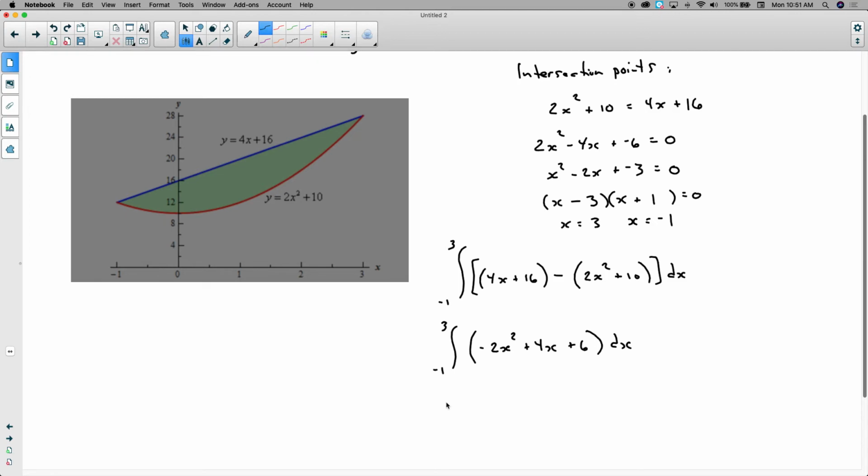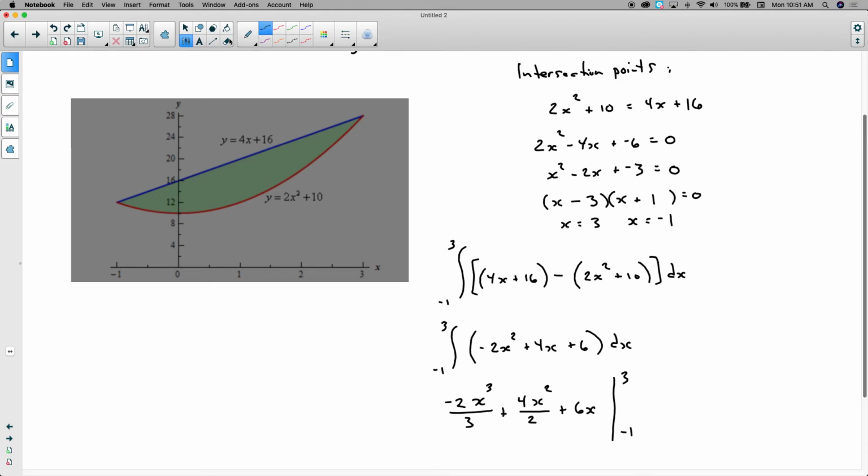So a couple of reverse power rules later. So let's see, we've got -2 plucking out the constant and integrating by using the reverse power rule. And then over here, pluck out the constant and reverse power rule. And over here we have a constant, 6x. And we'll evaluate that from -1 to 3.